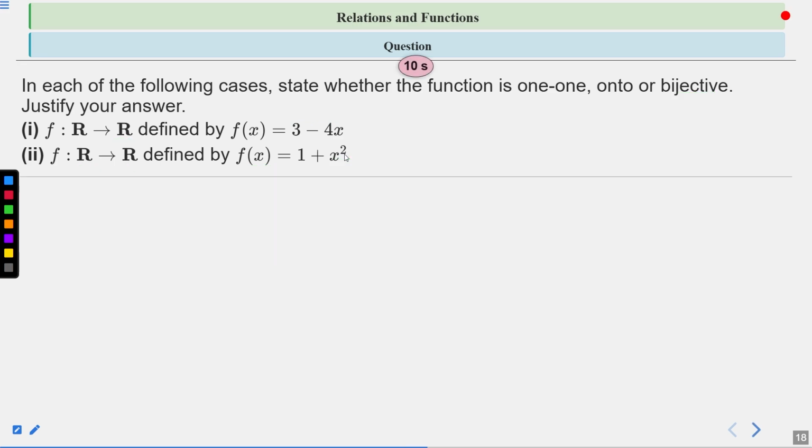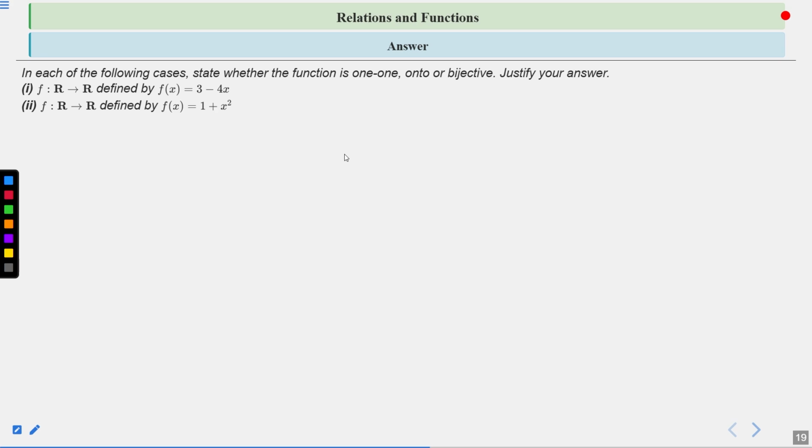You will have some seconds to try this problem, then afterwards we will move on to the solution slide. So your time starts now. The time is up. So we just have to state whether the given function is 1-1, onto or bijective.